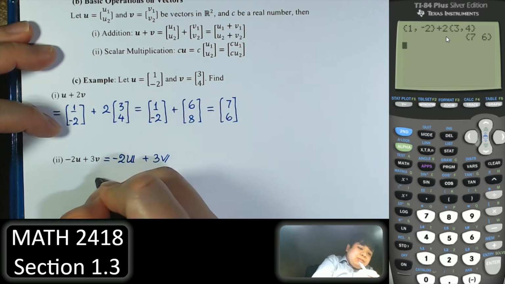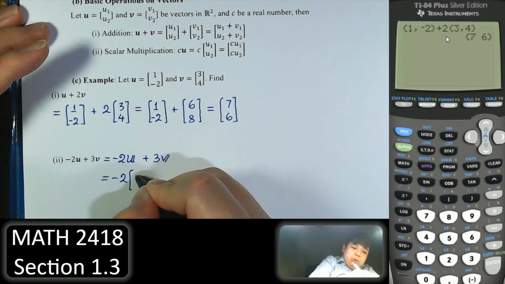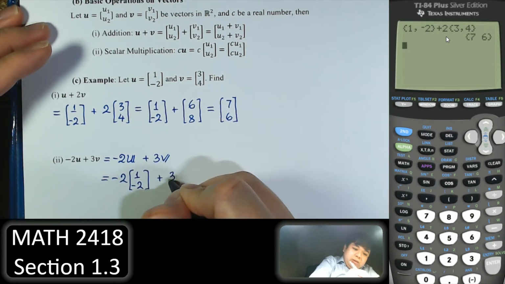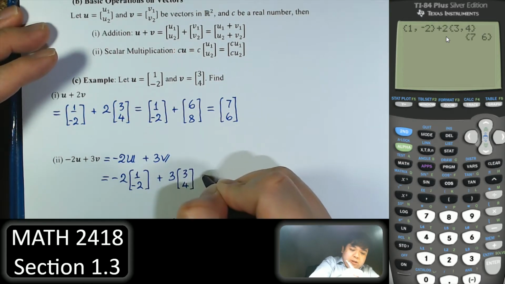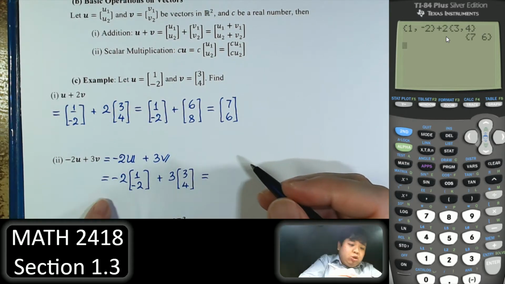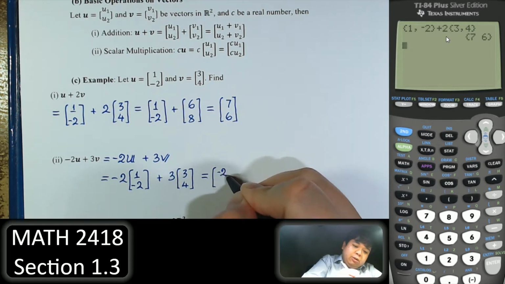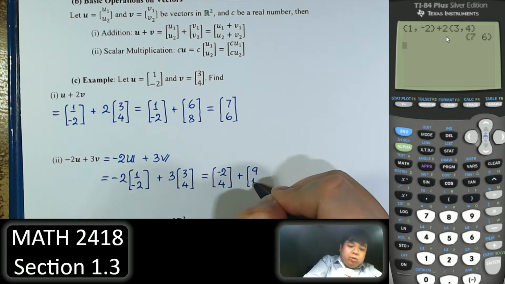So we have negative 2 times vector u of 1 and negative 2, plus 3 times vector v of 3 and 4. So multiply first, negative 2 and 4, and then 3 times 3 is 9, 3 times 4 is 12.